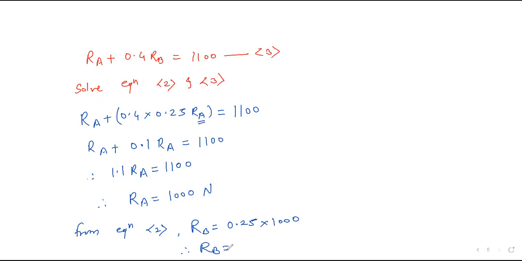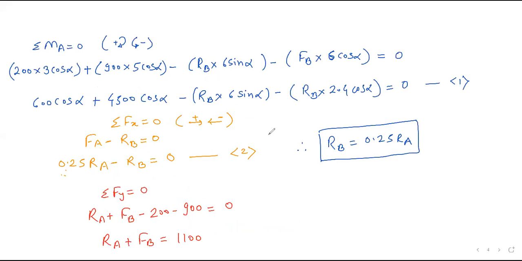Therefore, RB is equal to, what is the value? 250 Newton. Now put this value of RB in equation number 1. Now this is our equation 1. So in this equation 1, two unknowns are there, RB and alpha. Now we know the value of RB. So put the value of RB over here. So you will get the value of alpha.